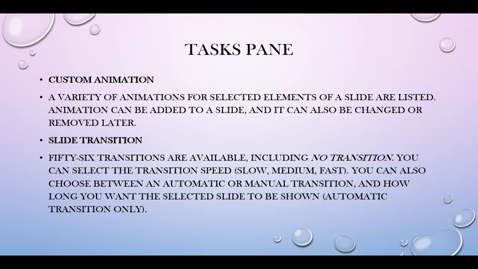When you select any object and you want it to animate, you want it to move, you want it to appear in an artful and creative manner, then you can use custom animation. Then slide transition you can use when you want to set how the slides appear in the presentation. When one slide changes to another, how they look can be done using the slide transition.